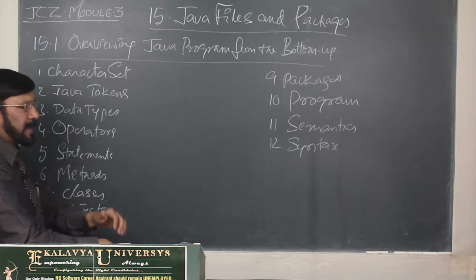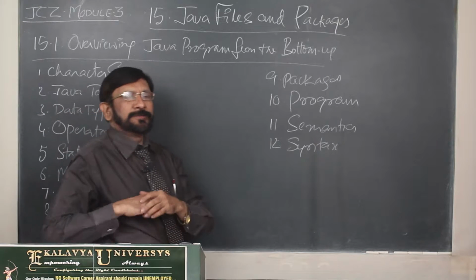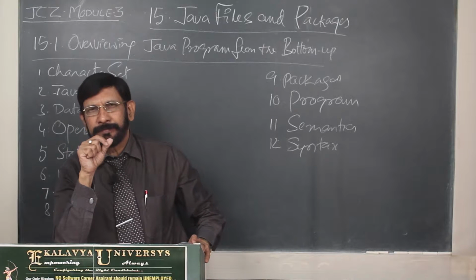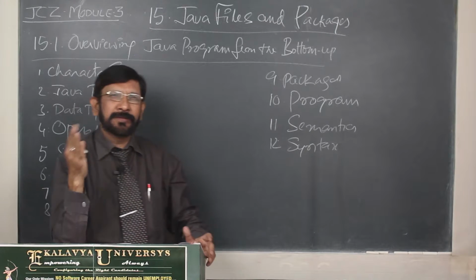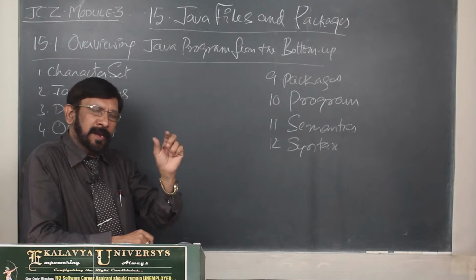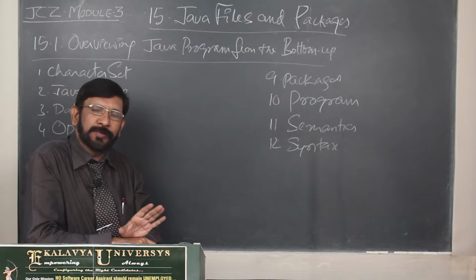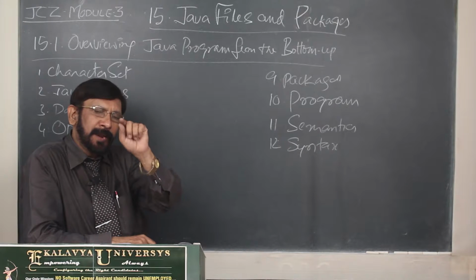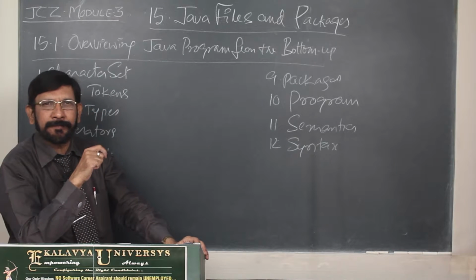The first one is the character set. As you know, a character is the basic element in a program, because you write any program using a collection of characters only. That is why even a blank space is also a character.